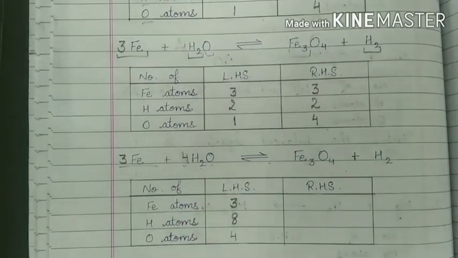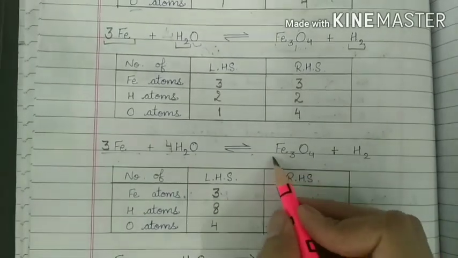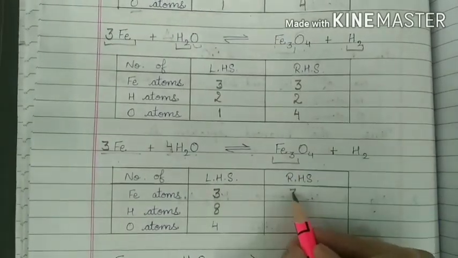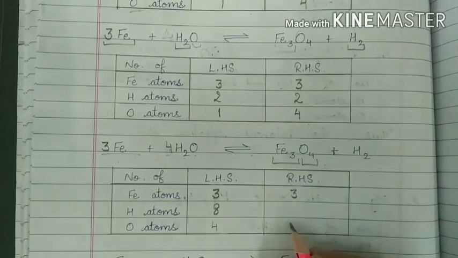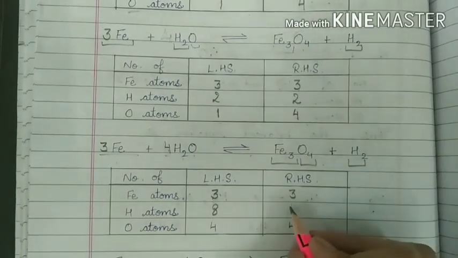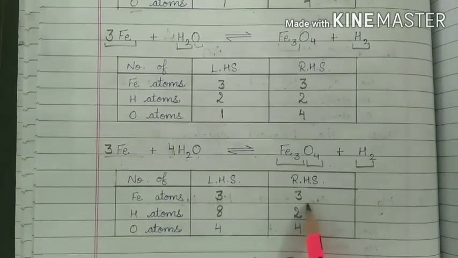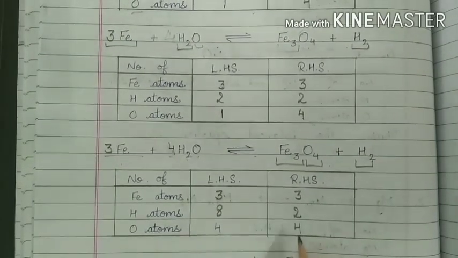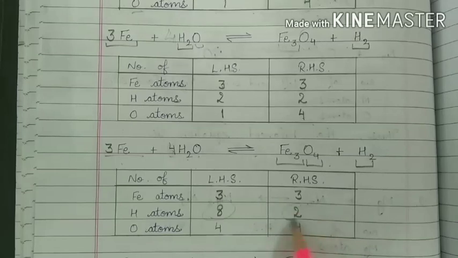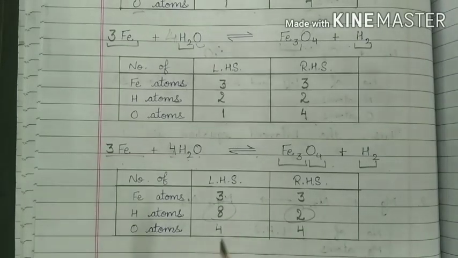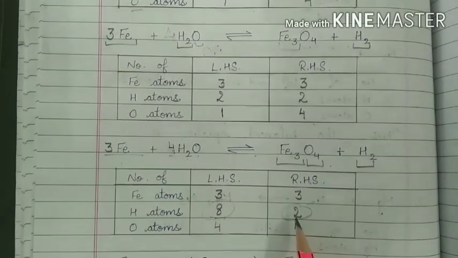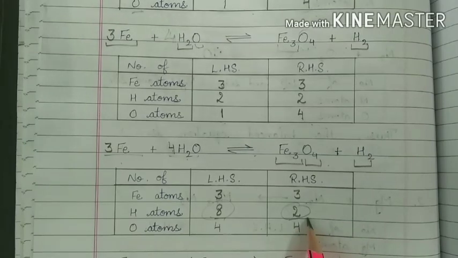And on the right-hand side we have 3 iron atoms, 4 oxygen atoms and 2 hydrogen atoms. Now here iron atoms and oxygen atoms are equal, but the number of hydrogen atoms are not equal.